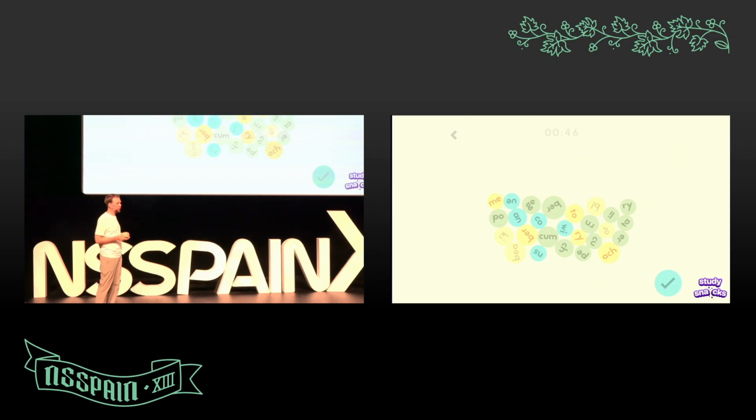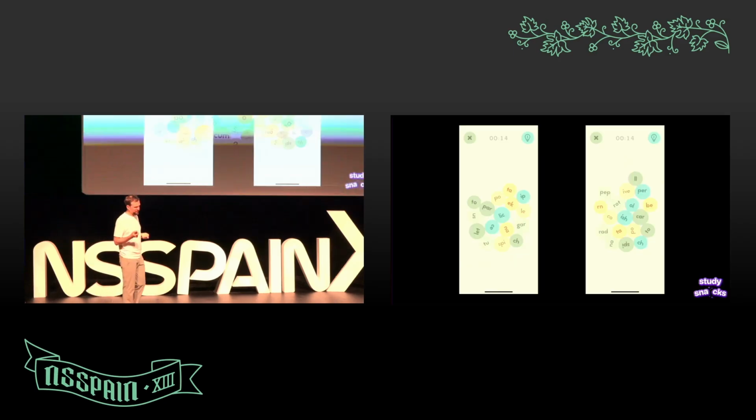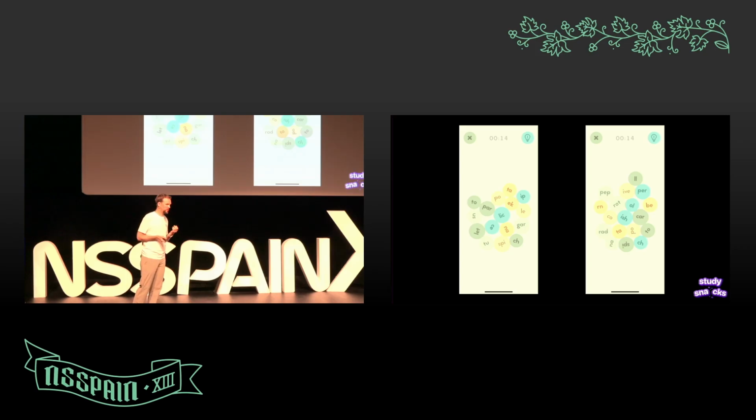So this was one thing that I refined. The second thing was about many people saying it felt too static and too stale. So I came up with the idea that as soon as you tap a bubble, it grows a little bit in size. So since it's physics-based, everything shifts around a little bit, making it feel much more dynamic and much more alive.